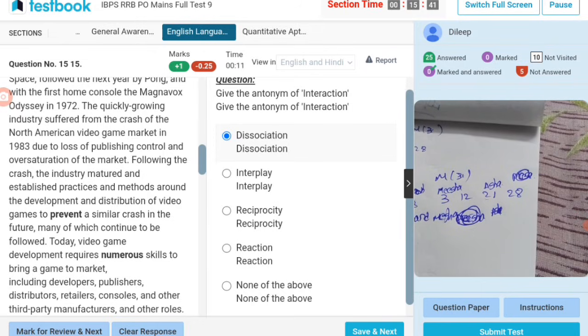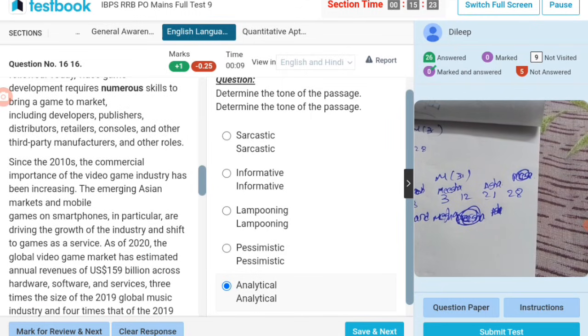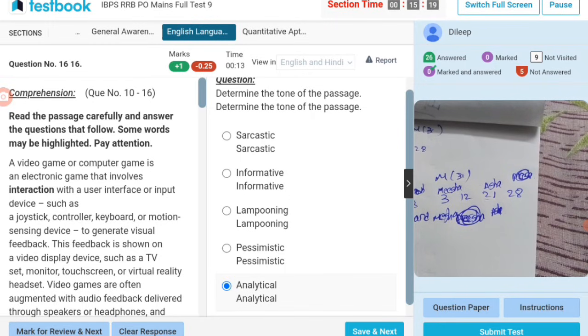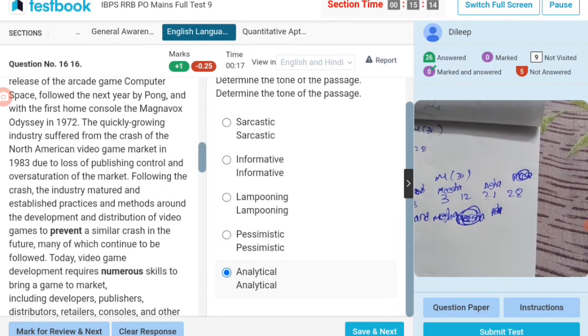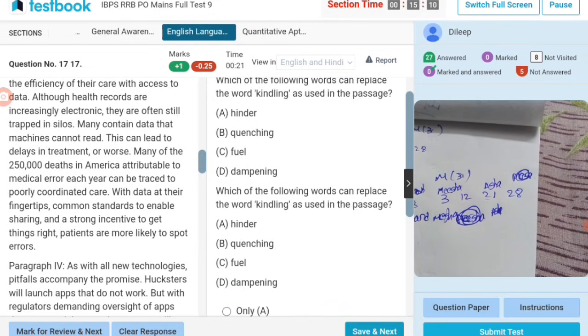Give the antonym of interaction. I think reciprocity, dissociation. Tone is analytical. Next.